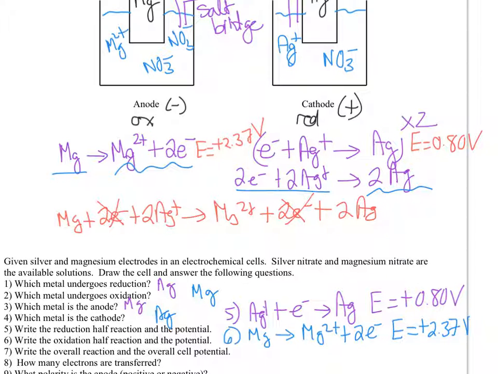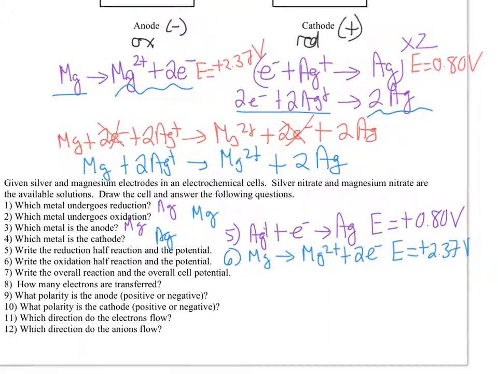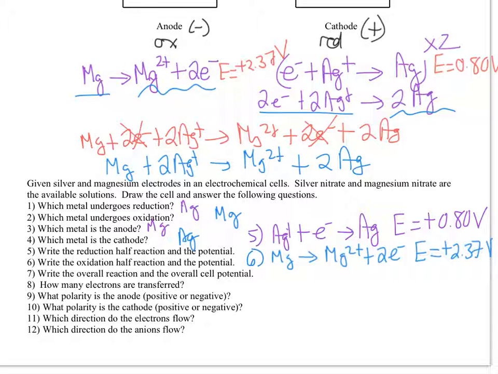So I'll rewrite that: Mg plus 2Ag+ yields Mg2+ plus 2Ag. So that is part of the answer to number 7.